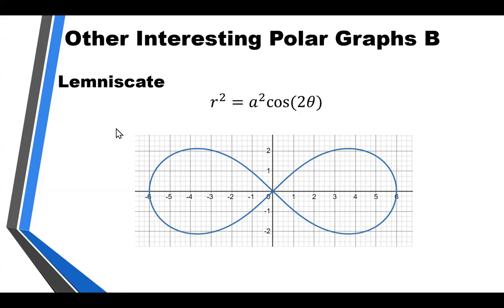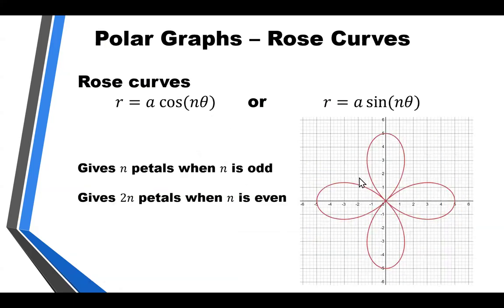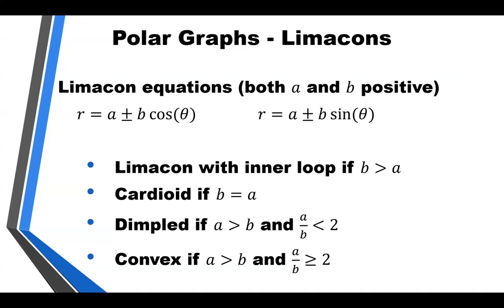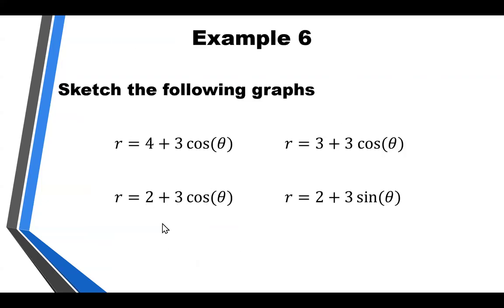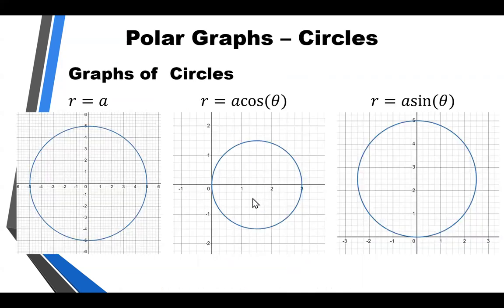So there it is. Again, a lot of interesting graphs. This lemniscate, these fractional rose curves, the standard rose curve where we have whole numbers times our theta, then our limaçons, again, different types of those, limaçon with an inner loop, the cardioid, the dimpled, the convex, and then we obviously have the Archimedean spiral and then various circles.